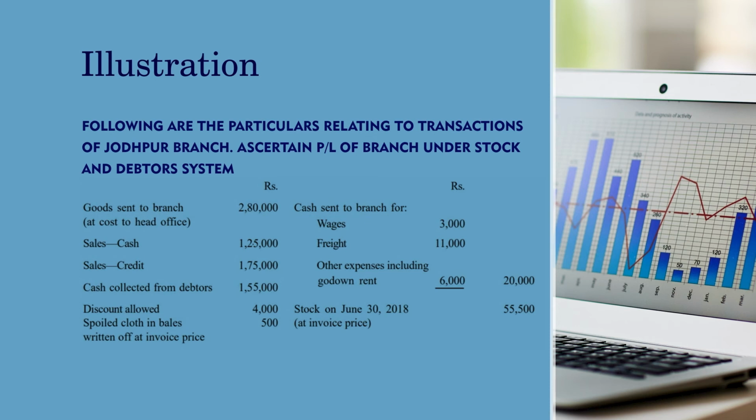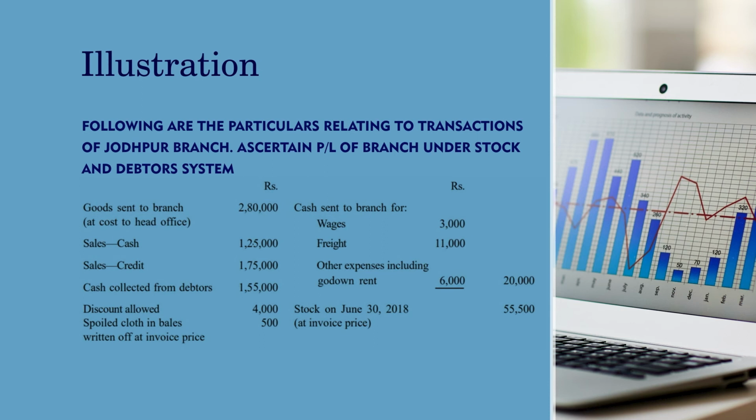Goods sent to branch is prepared at invoice price. If this is at cost price, and it is given that the goods are sent by the head office to the branch invoiced at selling price of the branch, which was 125% of the cost price.